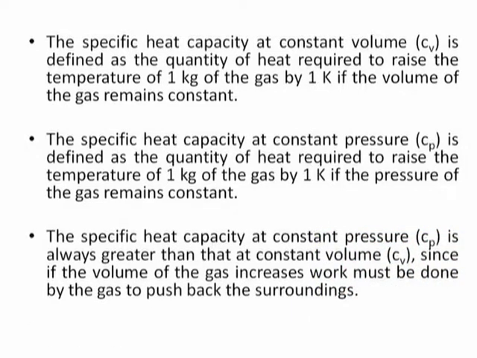The specific heat capacity at constant pressure Cp is always greater than that at constant volume Cv, since if the volume of the gas increases, work must be done by the gas to push back the surroundings.